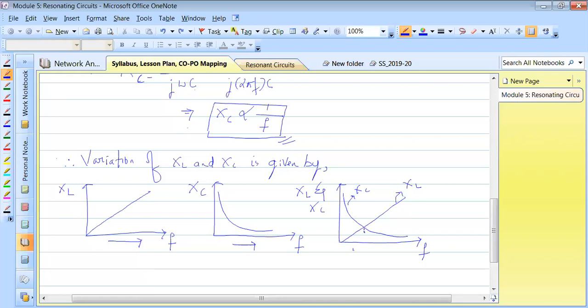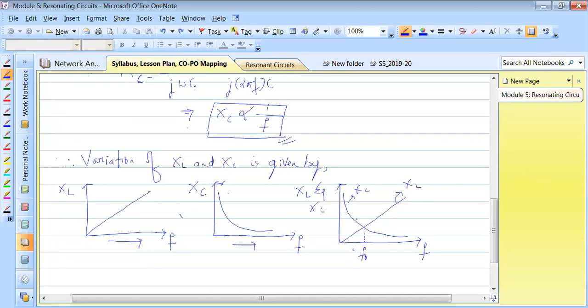This is the point of interest to us now. At this particular frequency, say the frequency is f naught, that is f equal to f naught, can you tell me what is the value of XC and XL? Can you compare XC and XL? They are intersecting. See, XC is coming down.